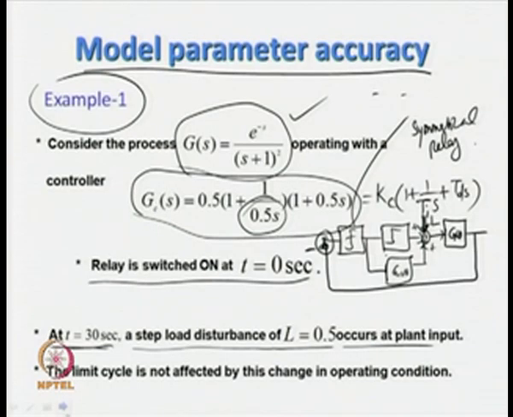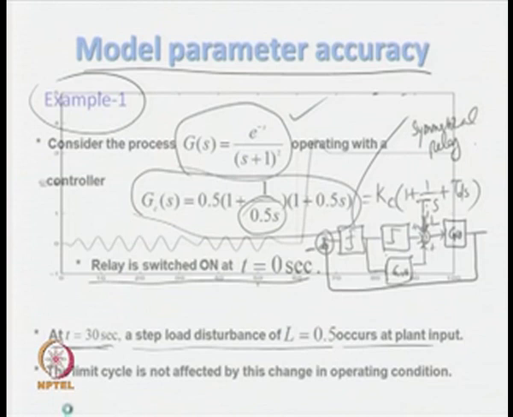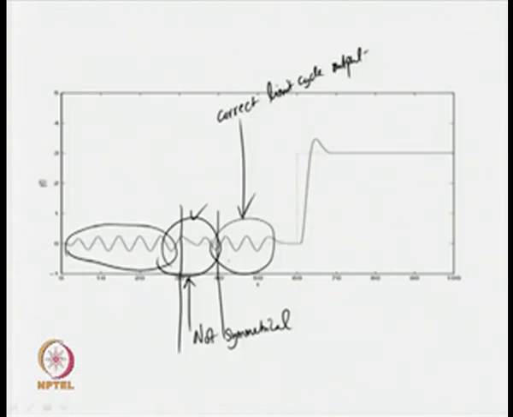So, when the effects are eliminated, we get back the correct limit cycle output as it was prior to the occurrence of the static load disturbance. If you look at the waveform before 30 seconds, you get a similar waveform in the steady state condition after occurrence of the static load disturbance.